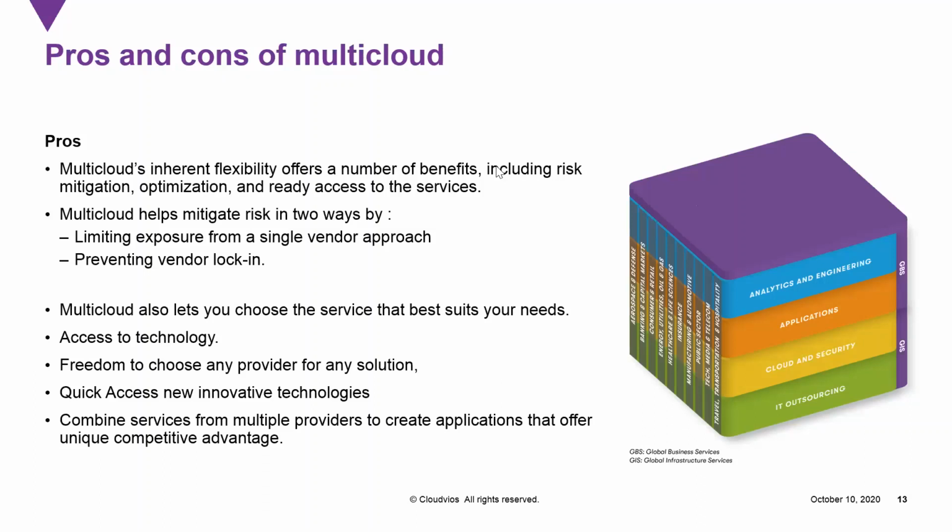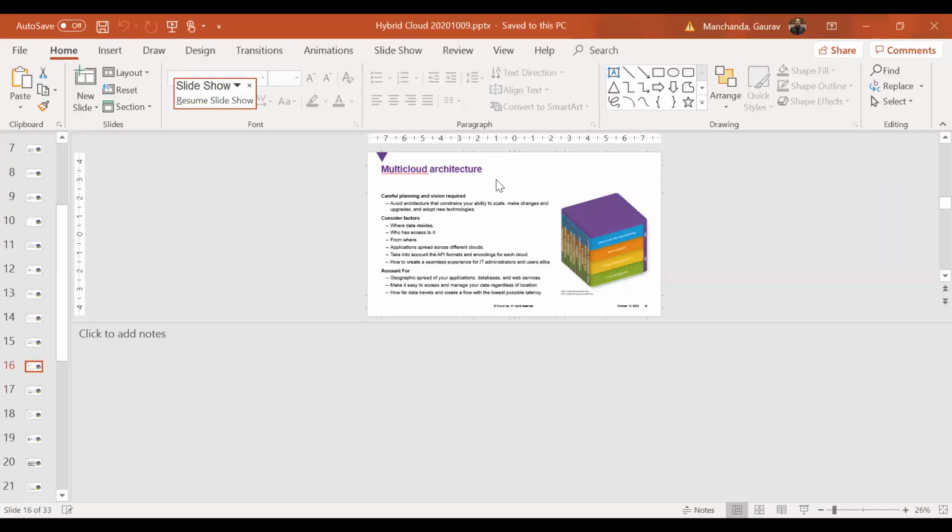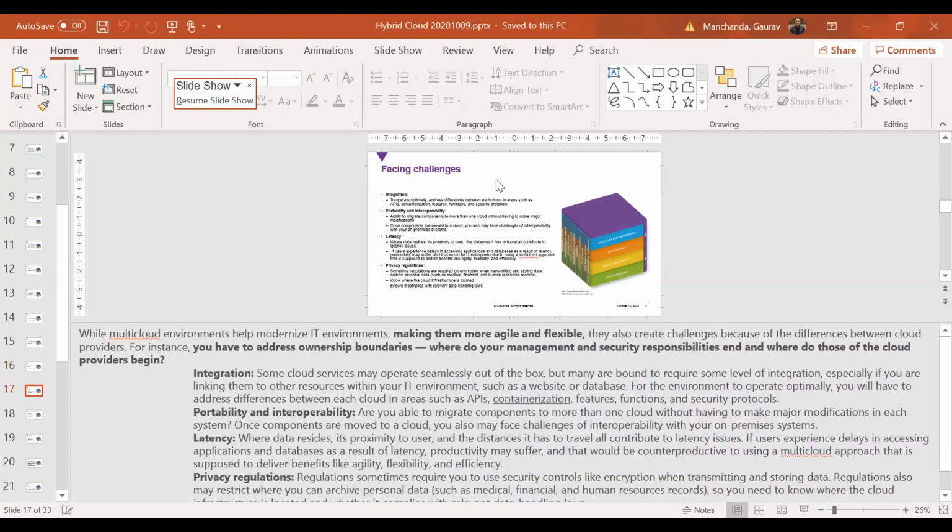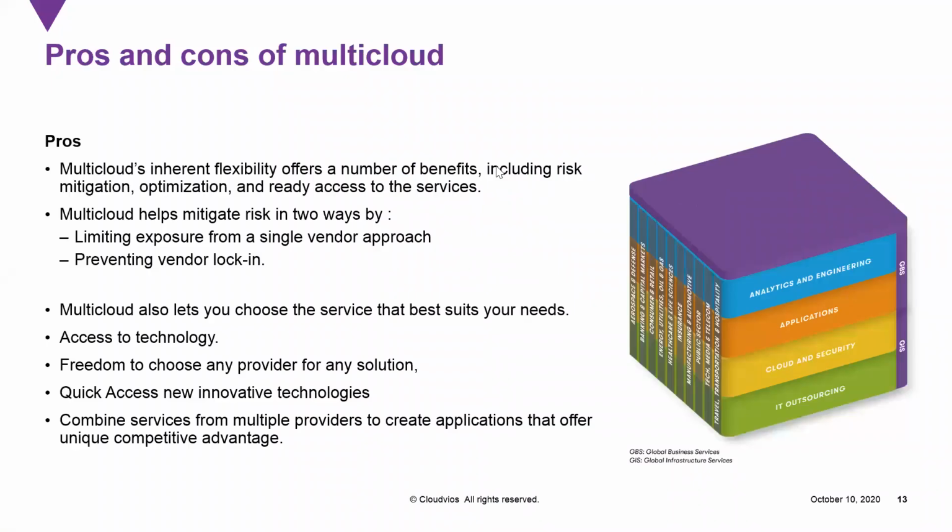And you get access to the technology. When I say access to the technology, I mean that, like I've mentioned earlier, each cloud has its own uniqueness, so you inherit that technology benefit.